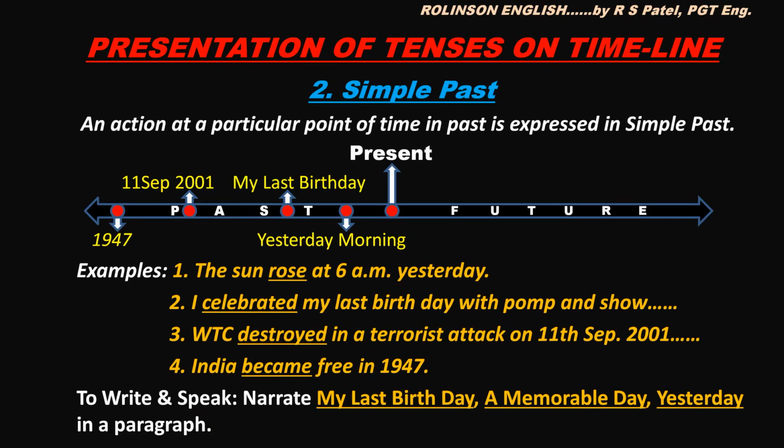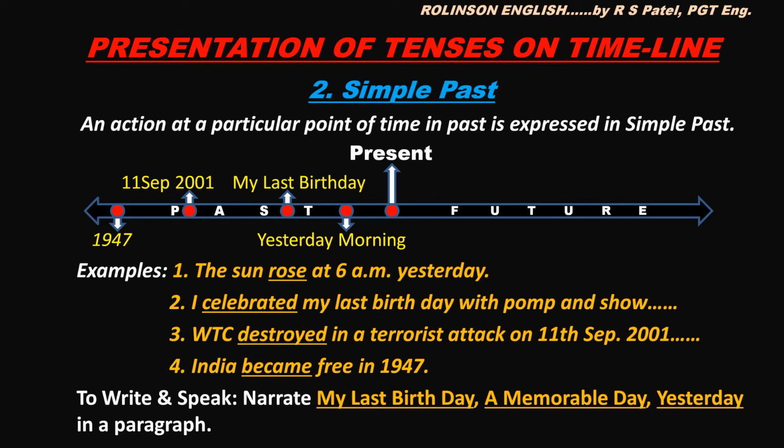Now come to the next tense, simple past. Here, an action at a particular point of time in the past is expressed in simple past. Remember it. Okay? See the timeline as usual. Future side, past side, present point.